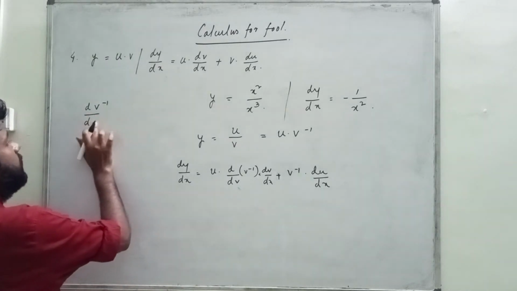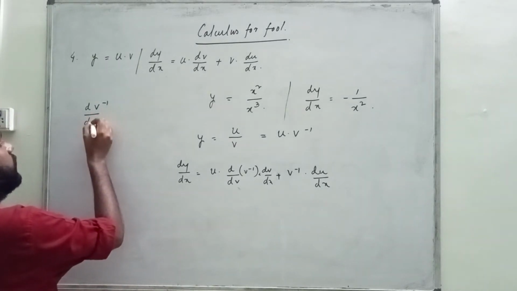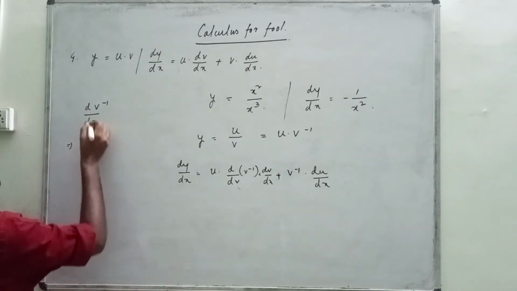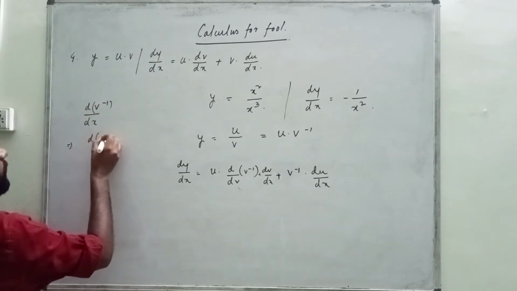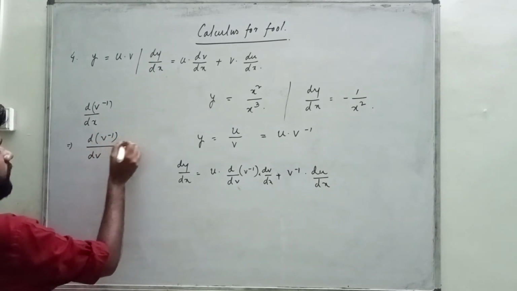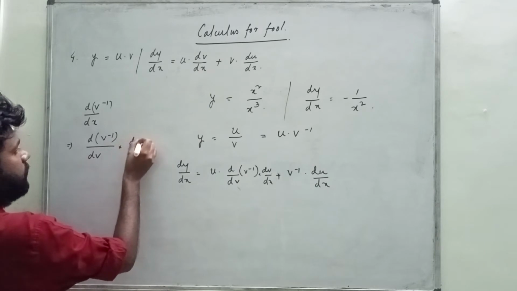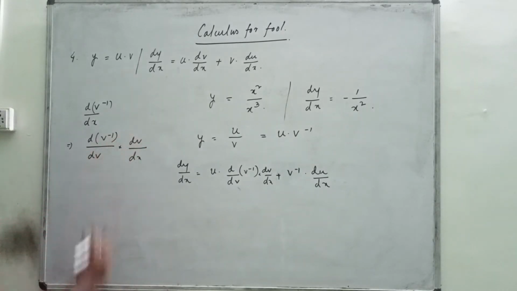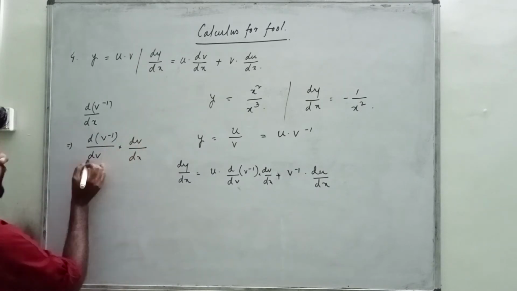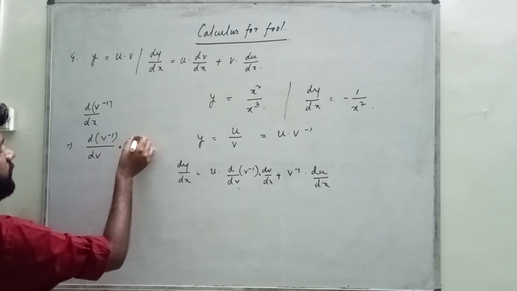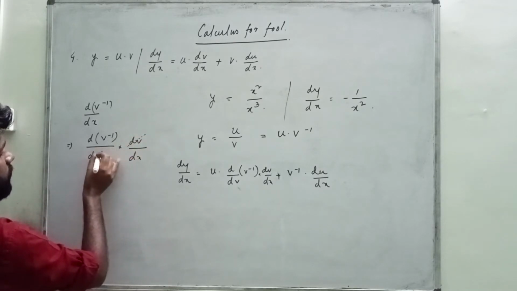So if you change here, initially there is a dx, and if you change to dv to the power minus 1, there is a dv, and then for the correction you should introduce dv over dx. Then it is very simple. Here is dv and the numerator is dv, so you can cancel out.